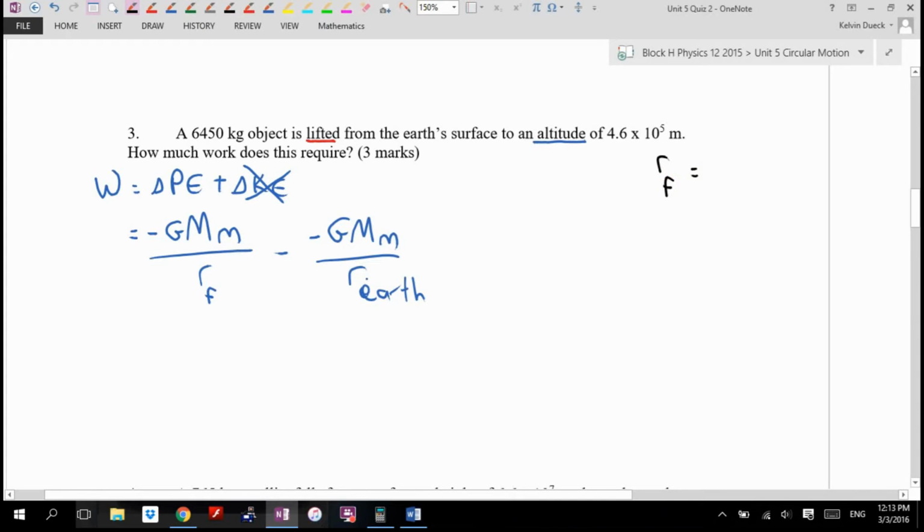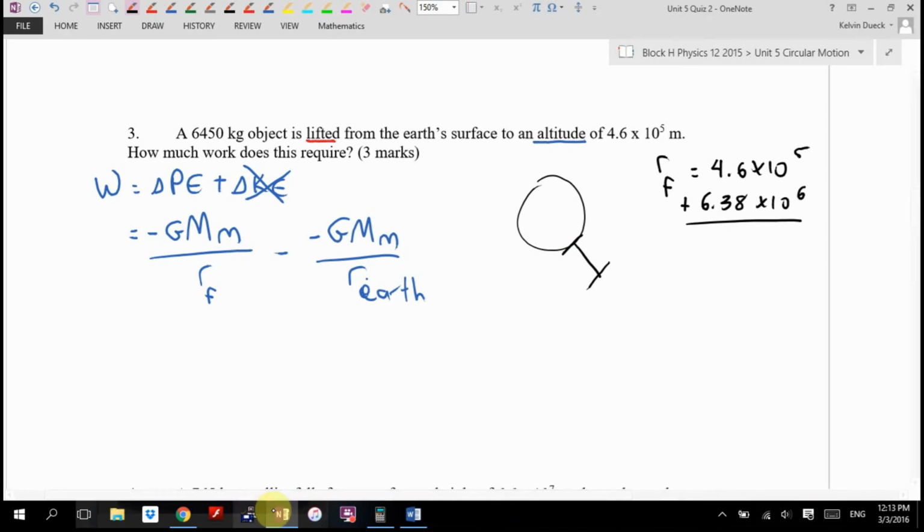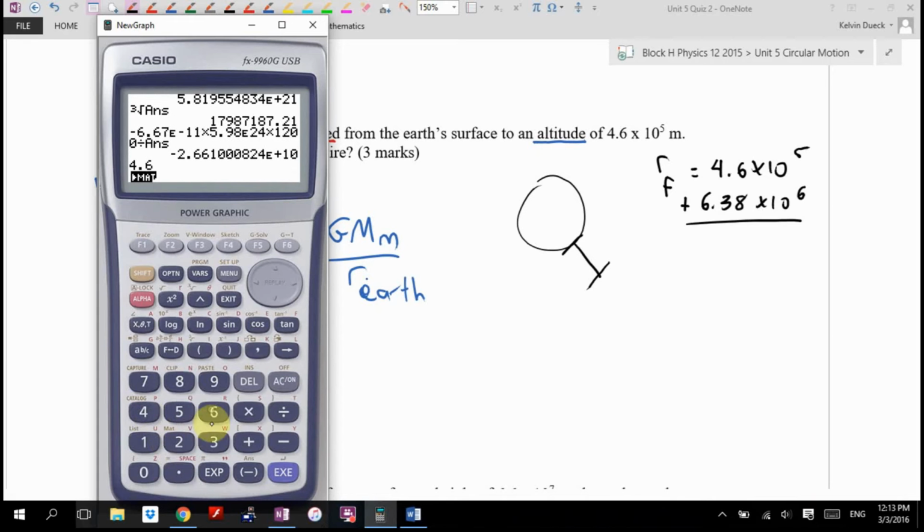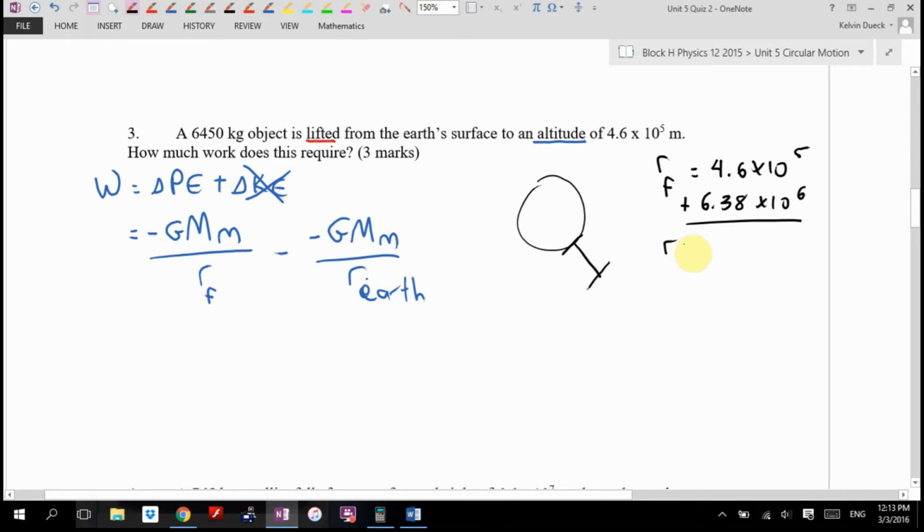The final R is going to be 4.6 times 10 to the 5th plus 6.38 times 10 to the 6th, because they gave me the altitude. All they gave me was that distance. I better add the radius of the Earth as well. So R is going to be 6.84 times 10 to the 6th meters.